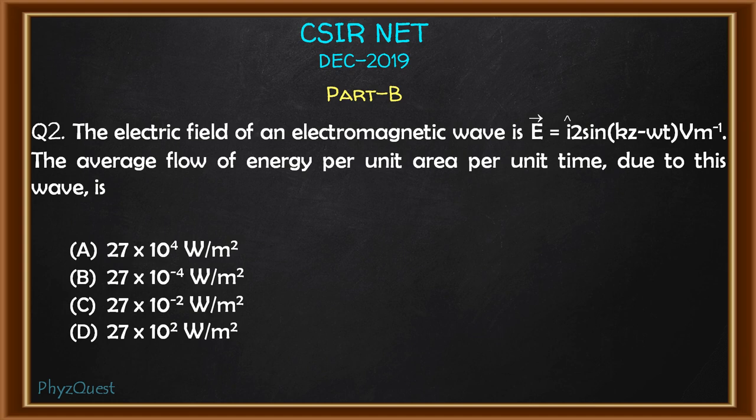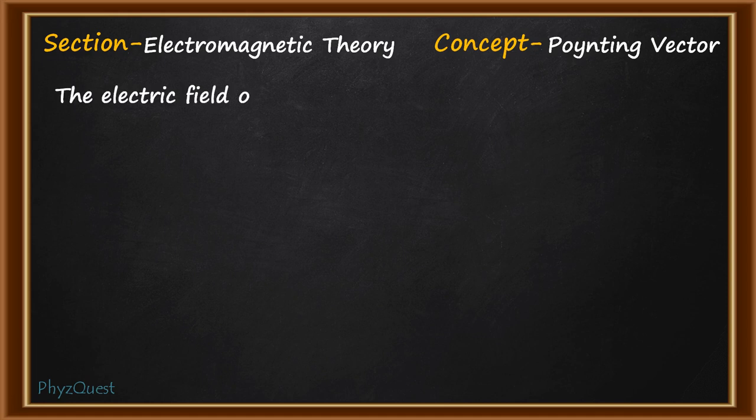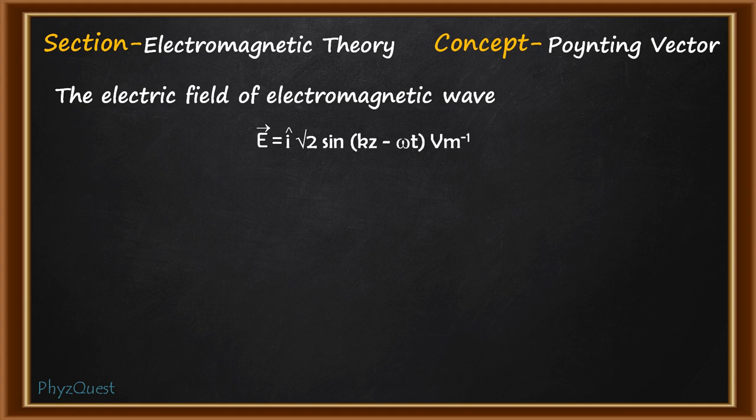So let's get started. First of all, the question is based on the section electromagnetic theory, and the concept involved here is the Poynting vector. Here we are given the electric field of an electromagnetic wave, represented as vector E equal to i cap root 2 sine(kz minus omega t) volt per meter.